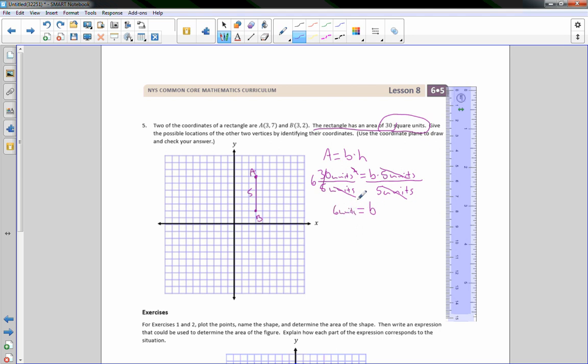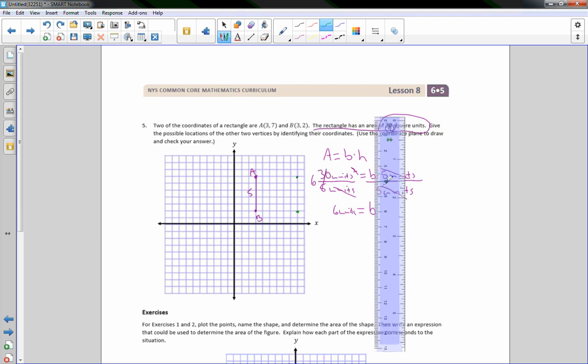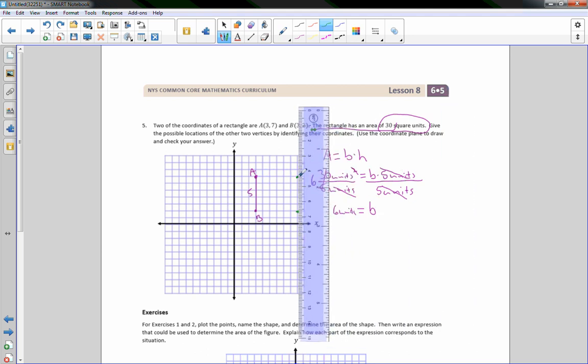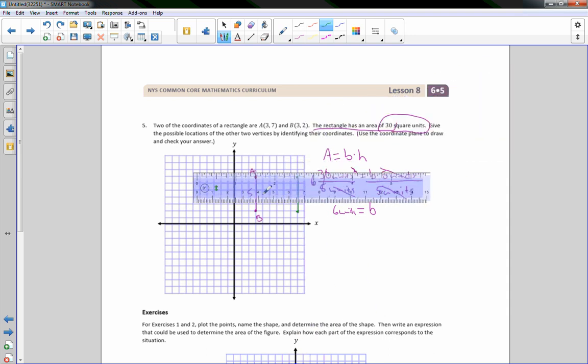That is my base. So now I'm going to draw the base. I will use green, so I want to go over 6 units, 1, 2, 3, 4, 5, 6 right here, and over 6 from the A would put me right here. So there is one possible solution. Rotate this 90, bring it over.